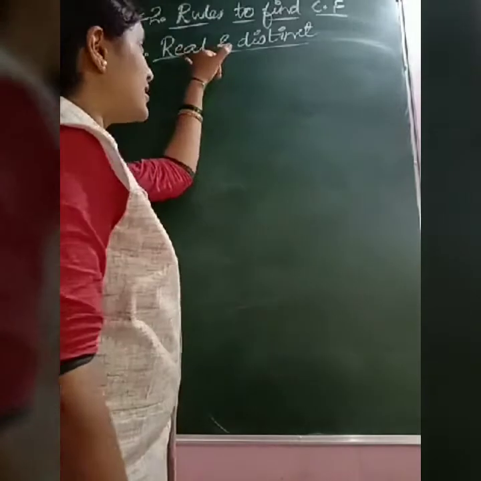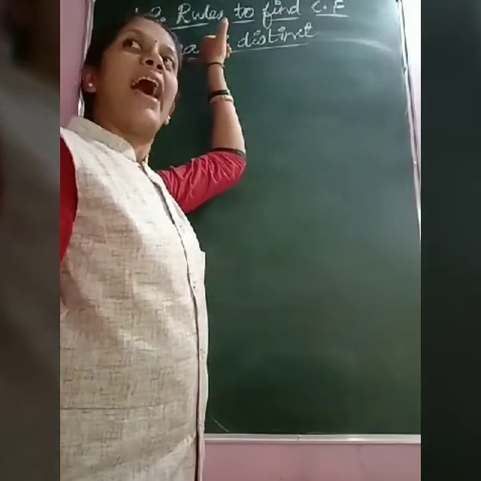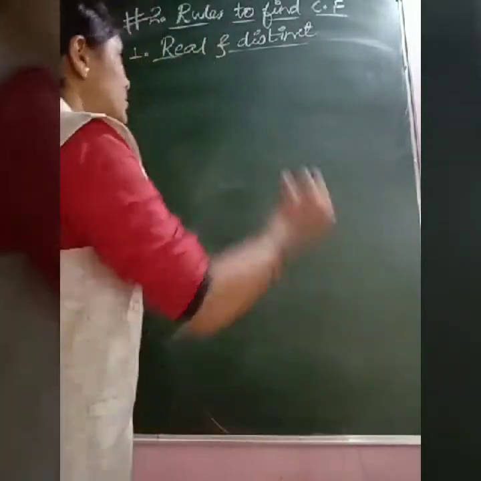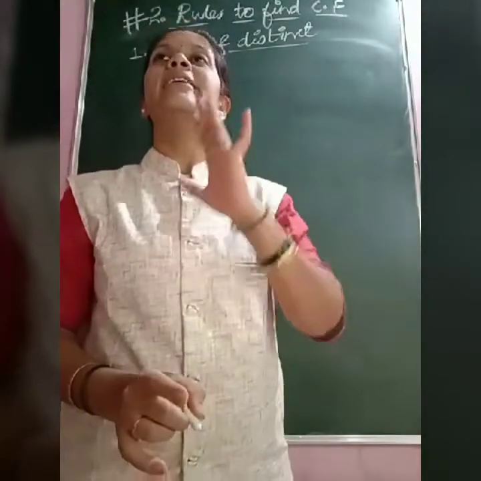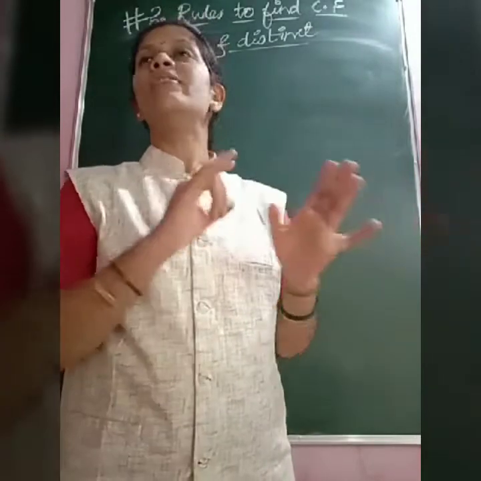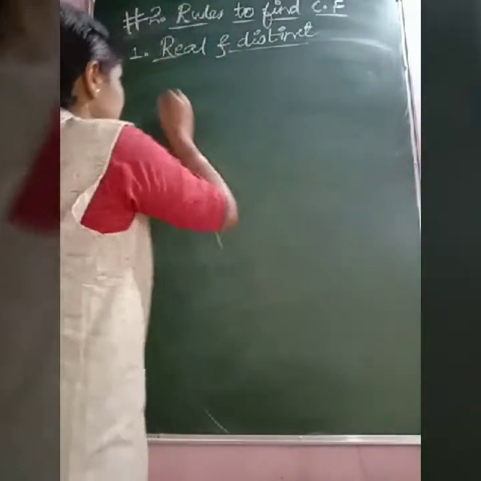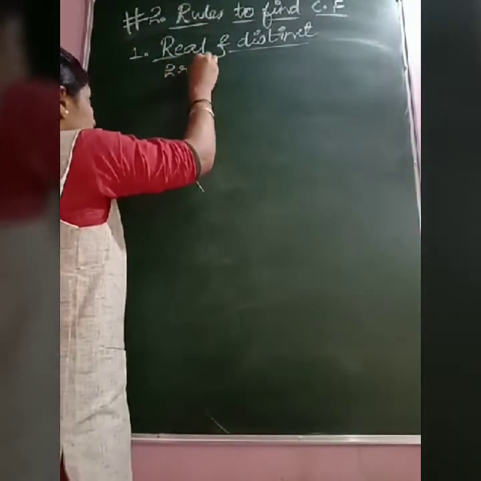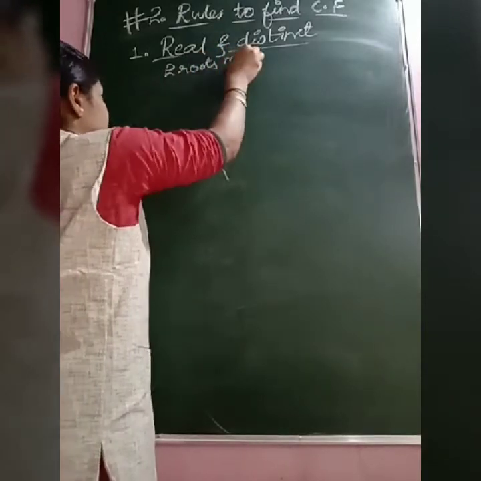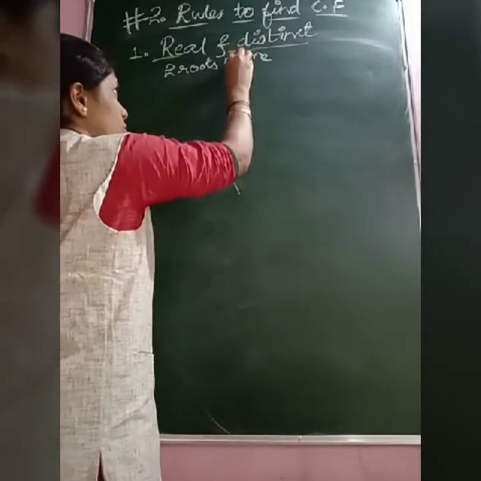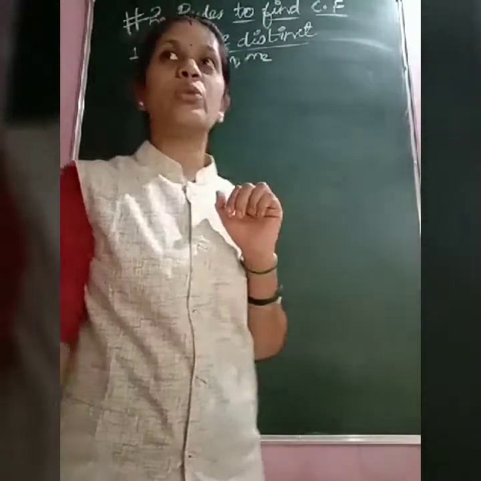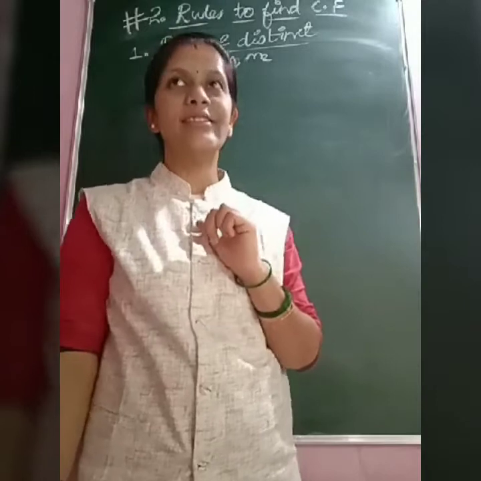First case, that is the roots are real and distinct. Suppose two roots are there, m1 and m2, which are totally different. Then how to write our CF?